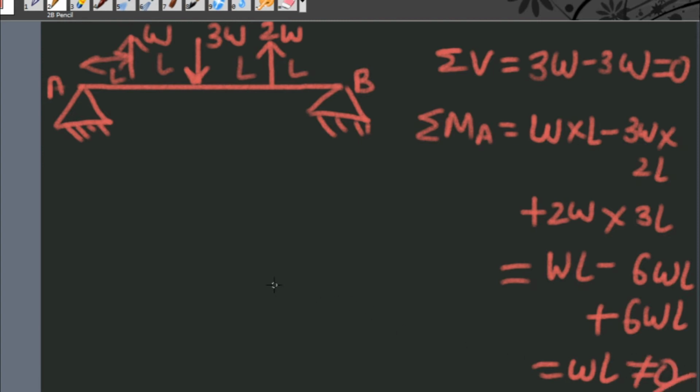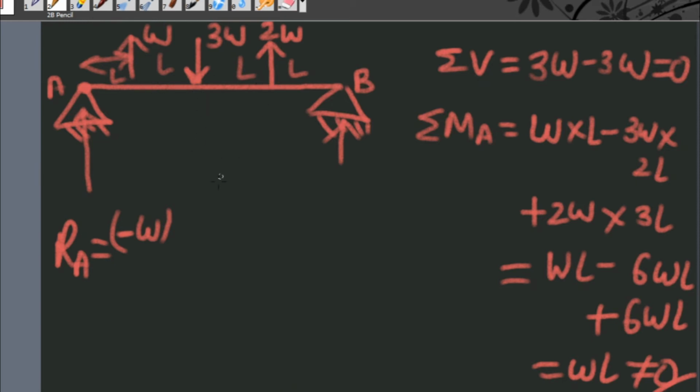So we can apply this method. What will we do? First we are considering the point A and finding the reaction at the point A. So the reaction at the point A is equal to, first take the force direction as upward, I am taking the upward direction. If the force is in the same direction as we assumed, take the negative sign, multiplied by the distance from the other end.